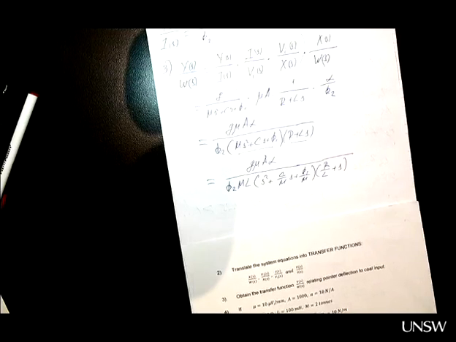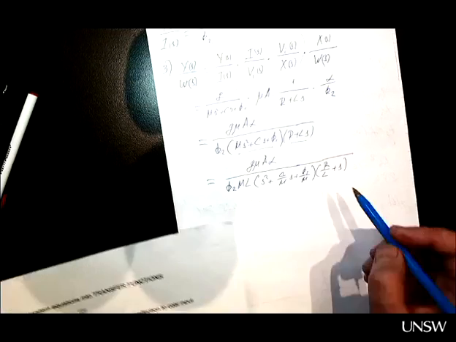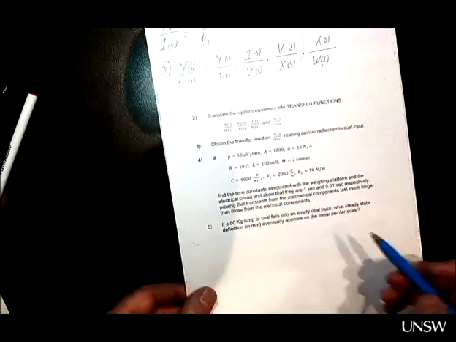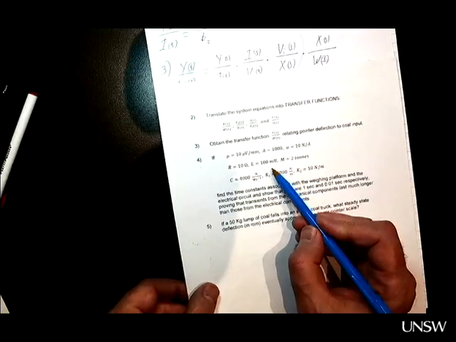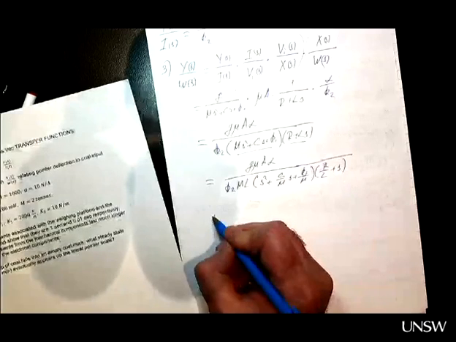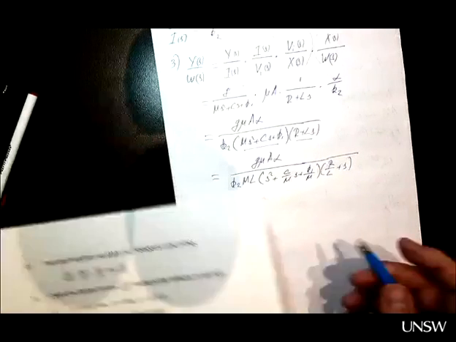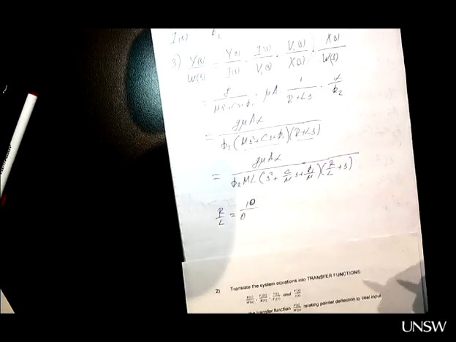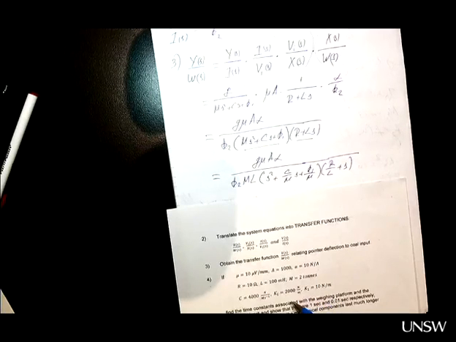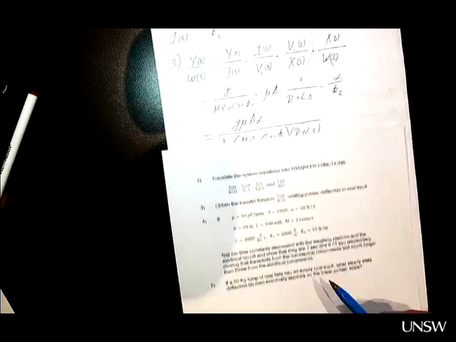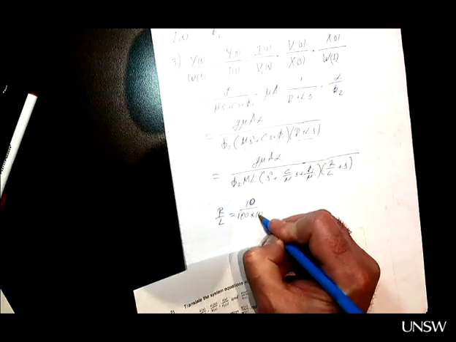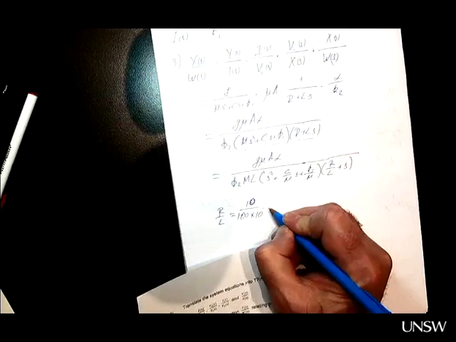Okay, let's substitute the values here. So R over L was the units. R is 10, L is 100 millihenries. So R over L is 10 over, 100 milli, so it's 10 to the power minus 3 if you want an SI unit.